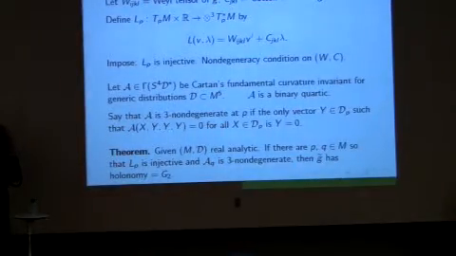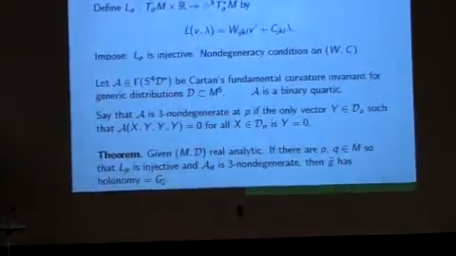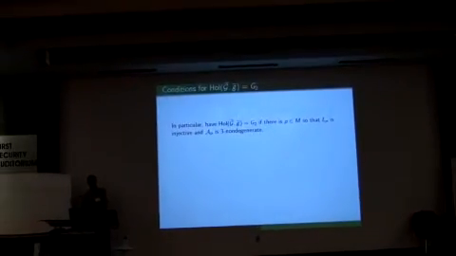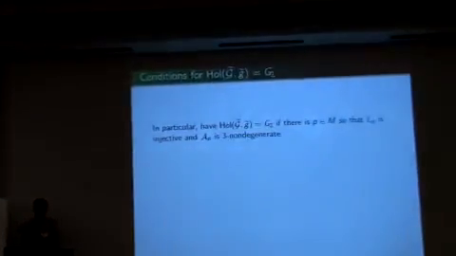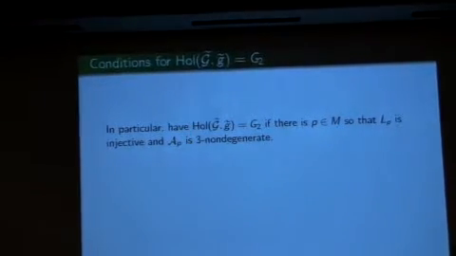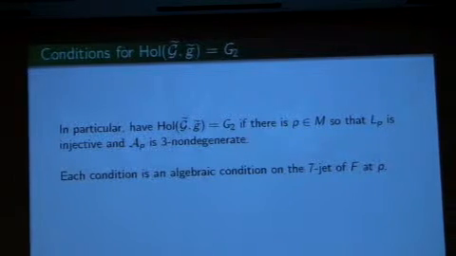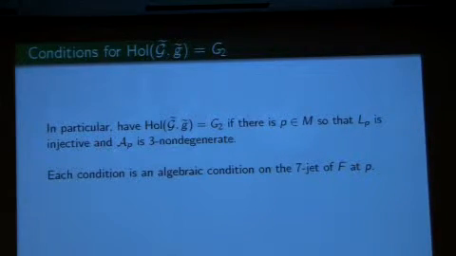Okay, in particular, you can take the P and the Q to be equal. So if there's one point where both of these conditions hold, then the holonomy is equal to G2. And now you can think about this in terms of F, because just think about the Taylor expansion of F. Each of these conditions, L is injective and A is 3-non-degenerate, is an algebraic condition on the 7-jet.